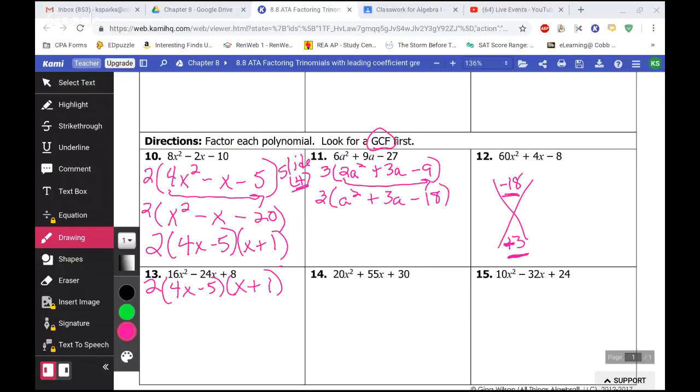Anyone? No one knows? 3 and 6. Yes, 3 and 6. Thank you. And the bigger one is going to be positive. So that's the 6. So positive 6 and negative 3.